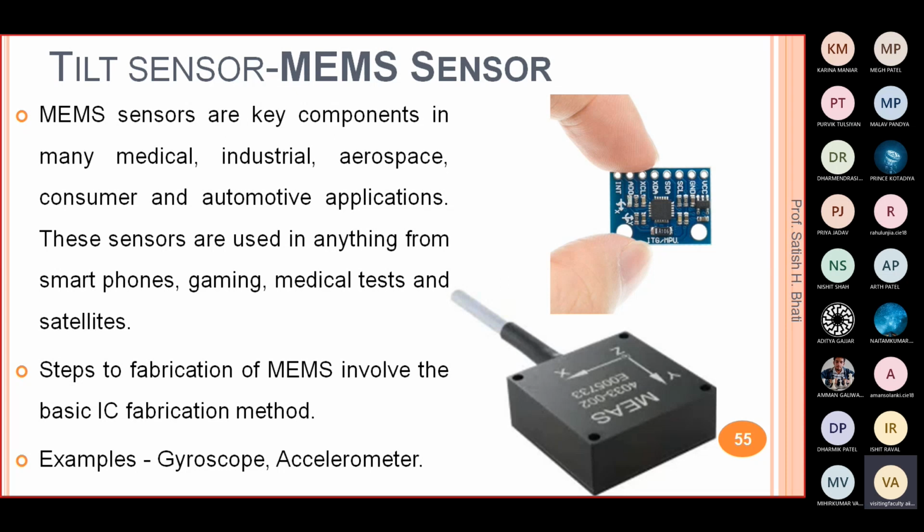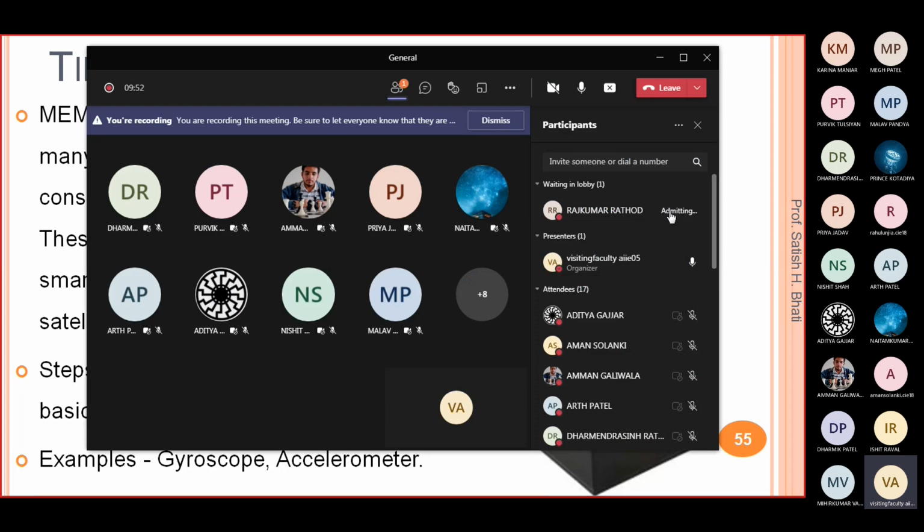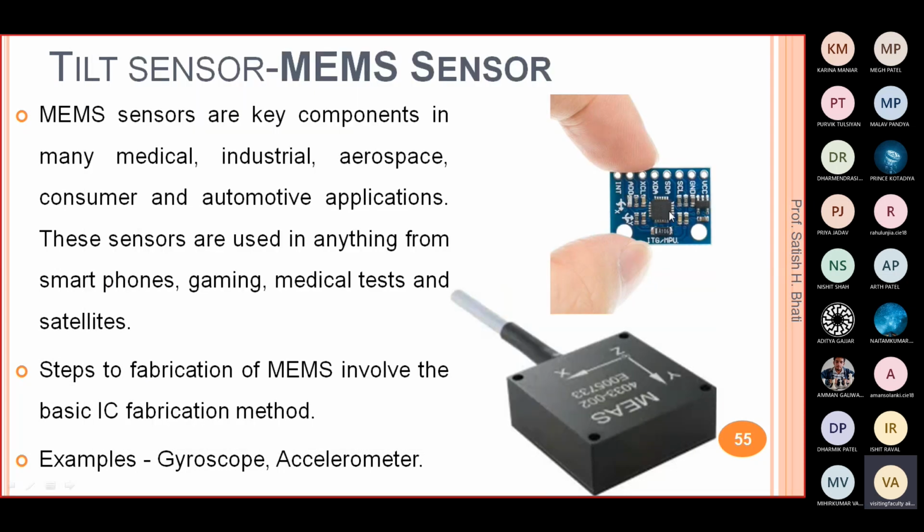Its size is about the tip of your finger, and the actual sensor is the IC in the center of the circuit. The remaining things are the supporting electronics. That is how small the sensor is.